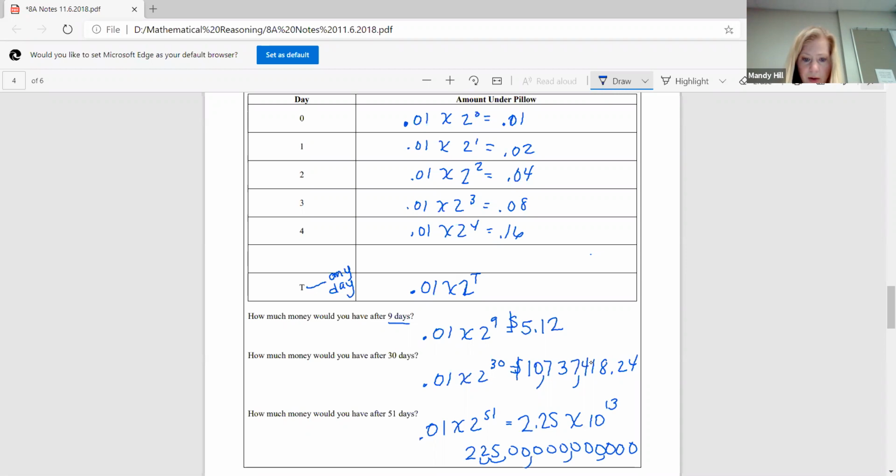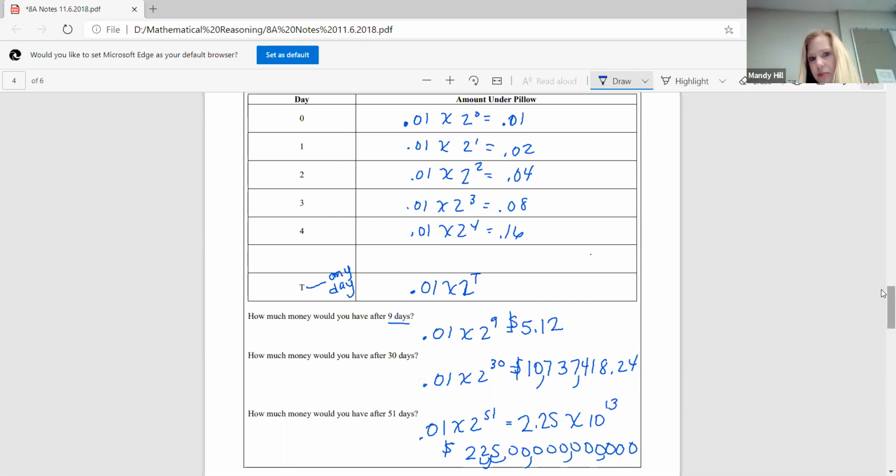We go back and add our commas. This place right here would be a million. So this is a billion, so approximately $22.5 trillion. So that's a crazy amount of money after 51 days. And that's not adding on. So that number is a little bit smaller, like I said, than the other one.